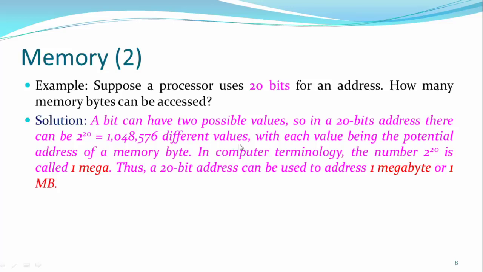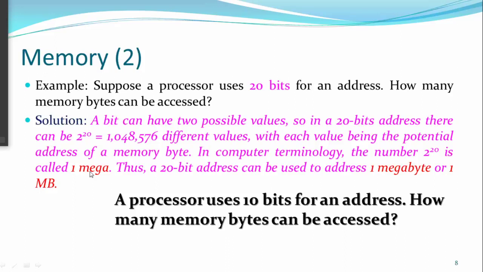From this value you can represent it in memory units, and 2 power 20 is called 1 mega. I believe you understand how we come to the mega: 1024 kilobytes equal 1 megabyte. So you can calculate the address space as 1 megabyte or 1 MB.